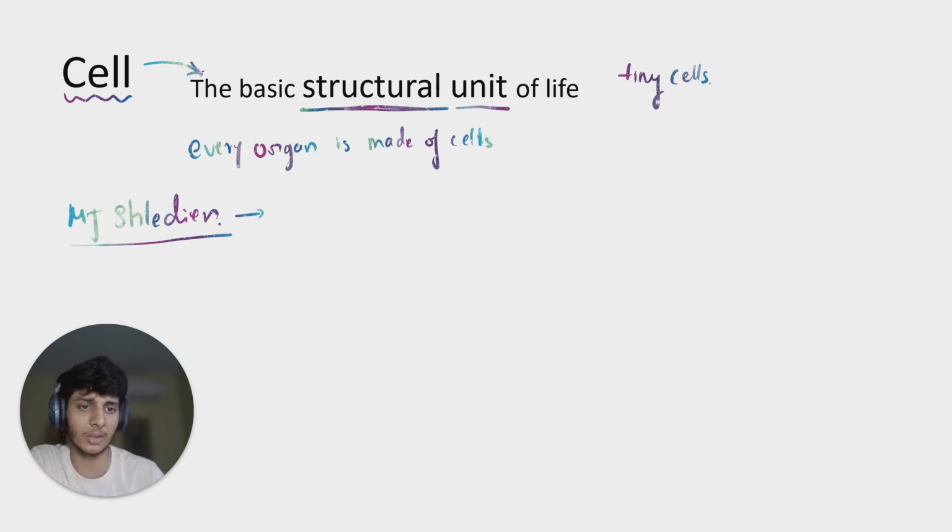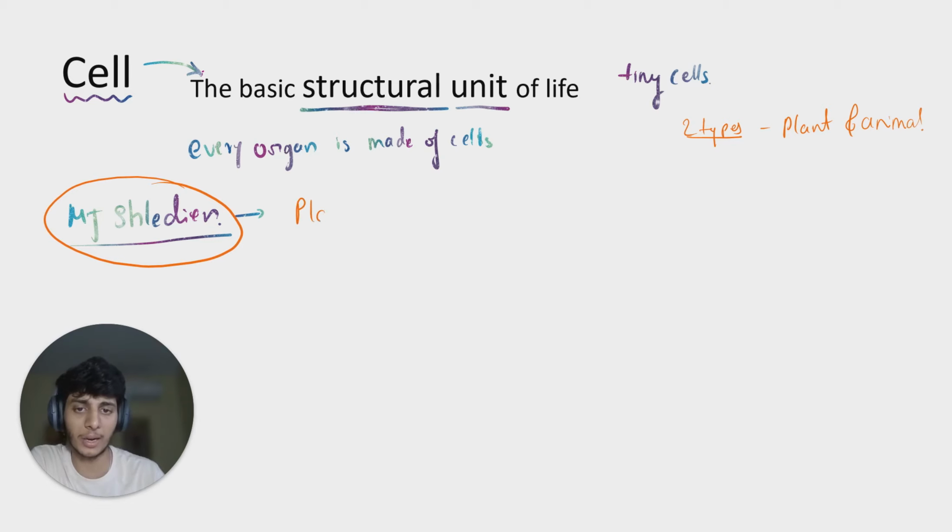One is the plant cell and the second is the animal cell. He said that both plant and animal cells differ superficially.